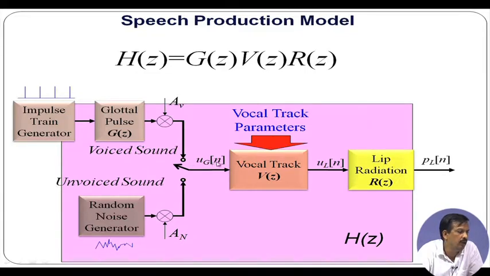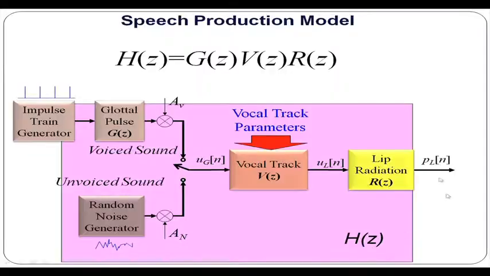And that U_G(n) passes through the vocal tract, and we find the U_L(n), which is the output of the vocal tract, and through the lip radiation I get the speech. Okay. So, this is the vocal tract, or you can say the LPC synthesis model. Or I can say this is the vocal tract transfer function, how the vocal tract can be digitized or implemented, that block diagram. Okay.